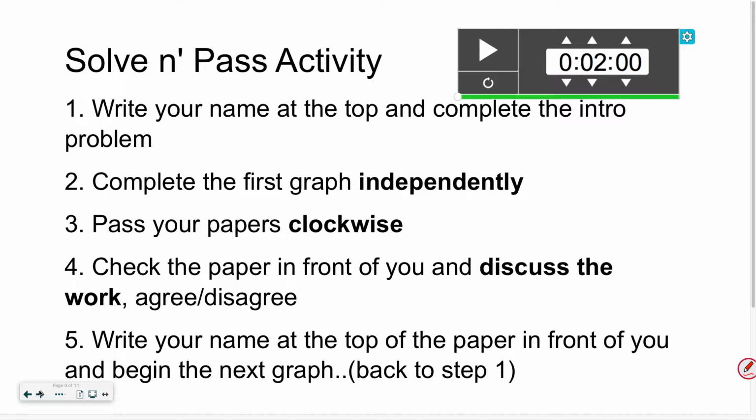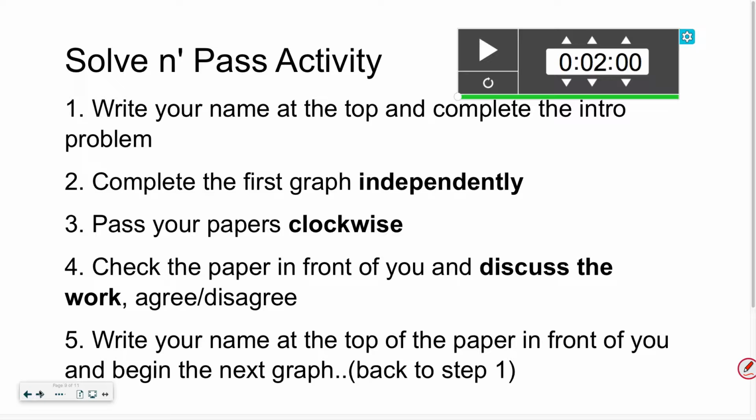Then you're gonna pass your paper around in your group. You'll have the paper of whoever's next to you, take a look at theirs, see what you think, discuss if you agree or disagree, if you have the same thing. We'll give you about a minute to do that.